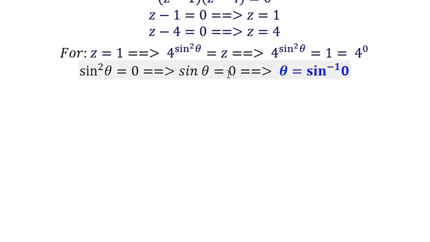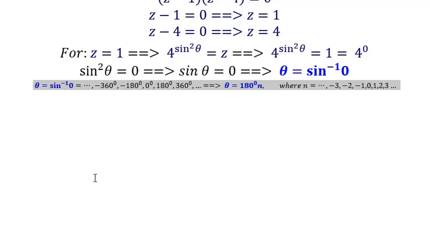That means sine theta is equal to 0. That means theta is sine inverse of 0. This is the first solution. And as we know, theta equals sine inverse of 0 is equal to 0 degrees, 180 degrees, 360, minus 180, minus 360.